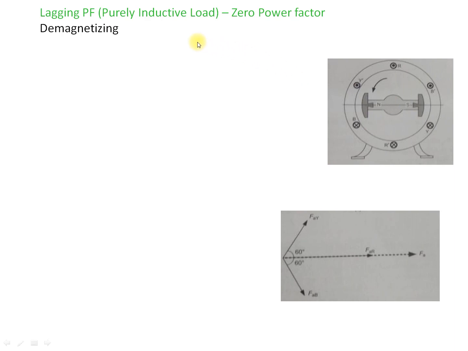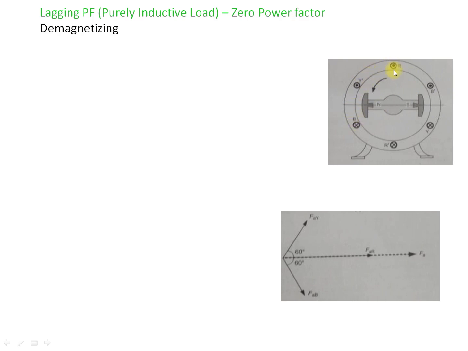If the same machine has a lagging power factor, then the rotor position will be coming along this particular direction. Why? Because we know that the inductive load will lag the current from the voltage, so the generation of the voltage will be lagging behind this particular rotor.